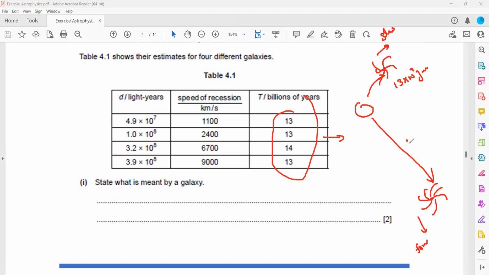We are getting 13.9 billion years. So it shows the age of the universe. It shows that it all started with an explosion and things spread away from each other. Because they give the same time interval, that time interval is actually the age of the universe.